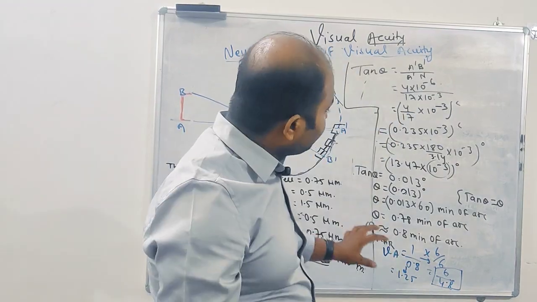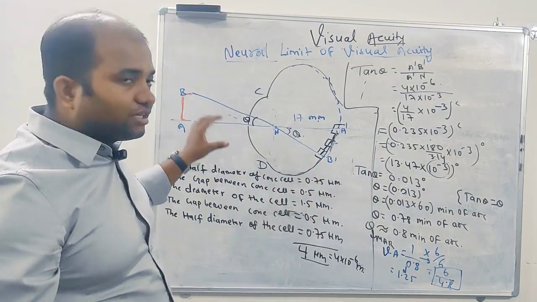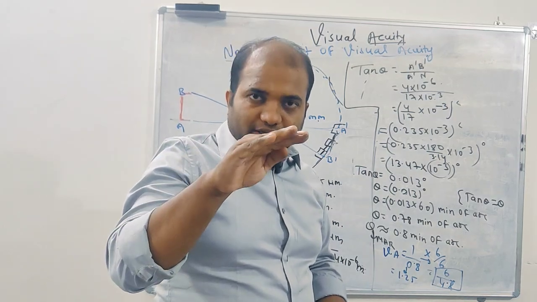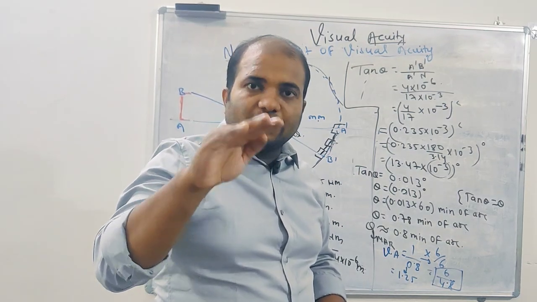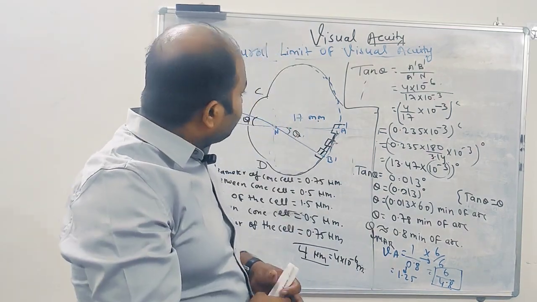So that's the reason even when the pupil size is increasing, you know, in earlier classes we have seen that if you increase the pupil size, your vision will increase. But that is theoretical.